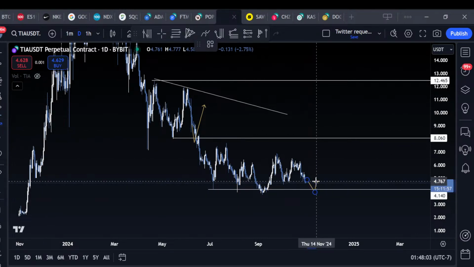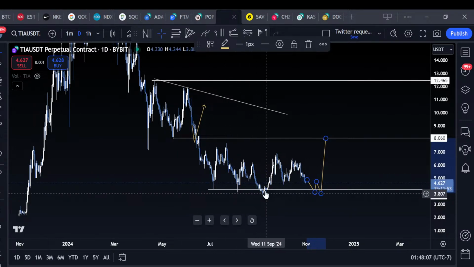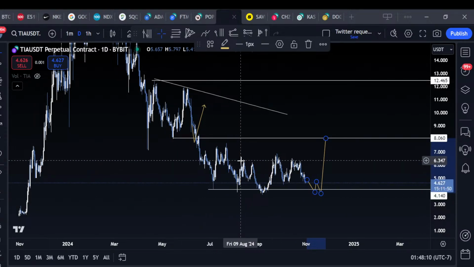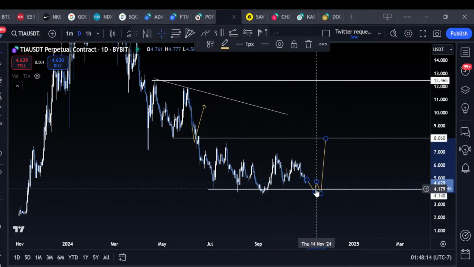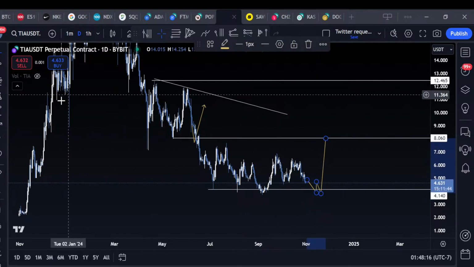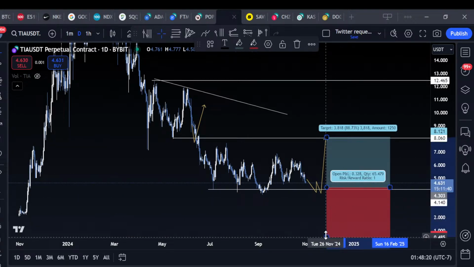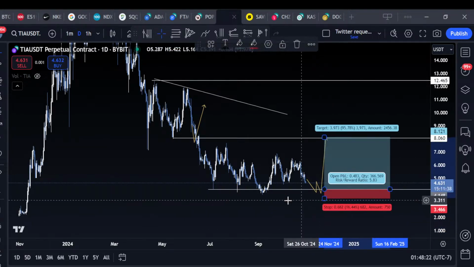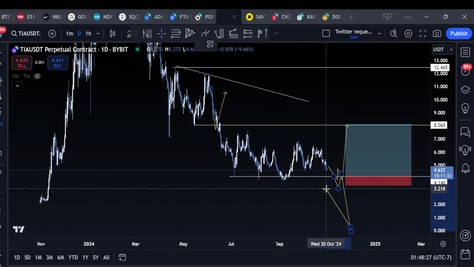This is a range. This range clearly has offered some long setups. Take these lows, form a lower high, take the lows again, take that high, a lower high, maybe we run the lows again, maybe we range back up to the highs, and this might be a long setup. This isn't a prediction of being bullish on TIA. This is just a structured trade. And if we lose this, well, then price could just go to zero.